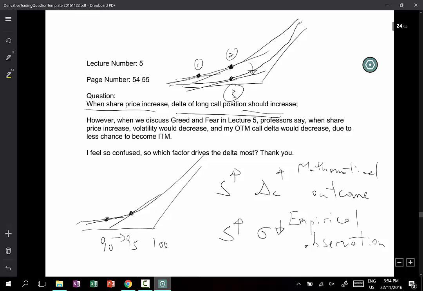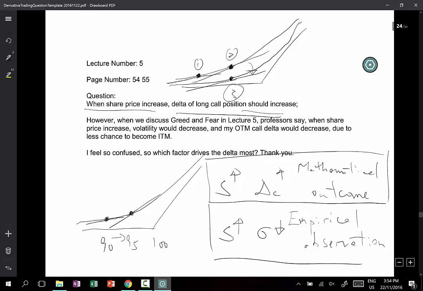One of them is a mathematical outcome, and the other one is an empirical observation. If you are a trader, or a student, you learn this from books, or at least now you learn that from us. But this is something that you observe from experience, and you have two effects basically offsetting each other. So there's no real way to say which way the delta would go as the market is rising.